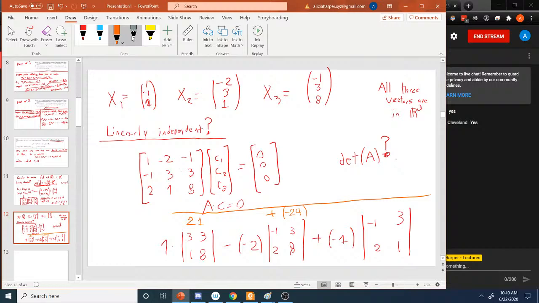And then finally we're going to have minus -1 times 1, so it's -1, and then minus 6, so minus 7. So here, if we added this and this together, we get -31. -31 plus 21 is simply -10. So the determinant of this matrix right here is not equal to 0.